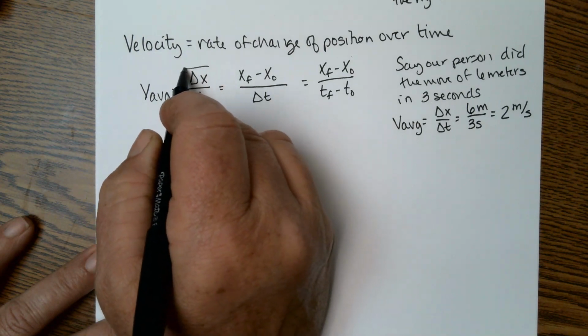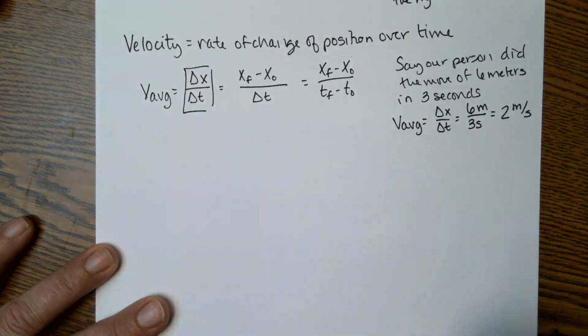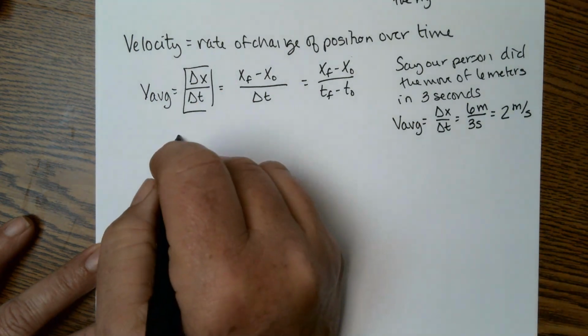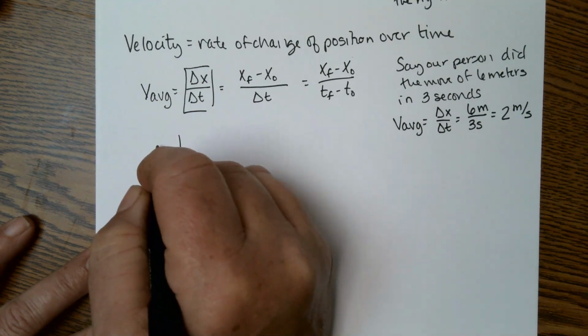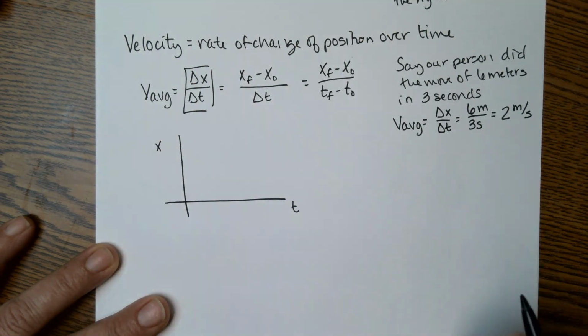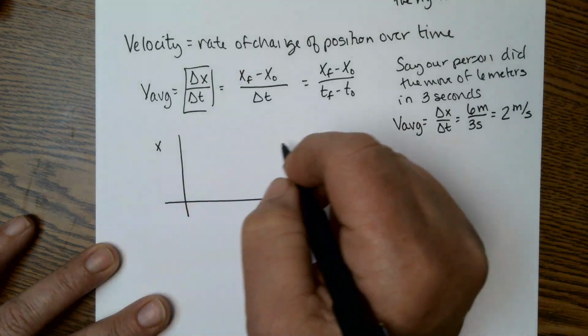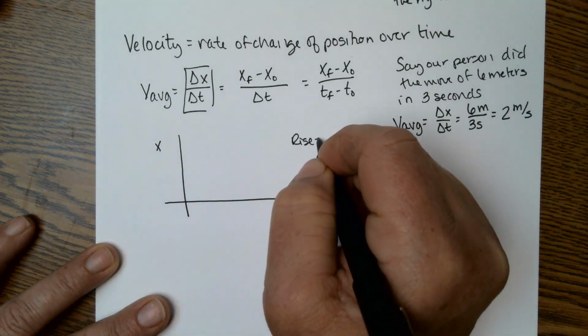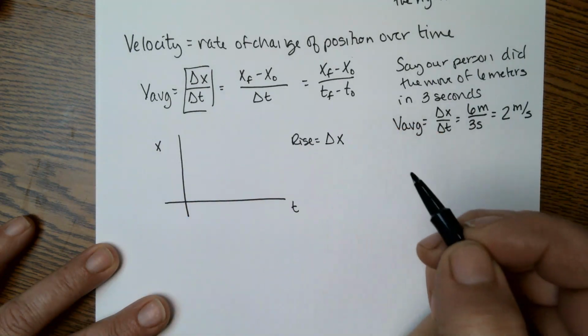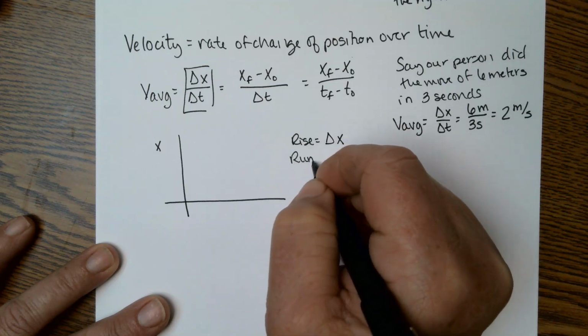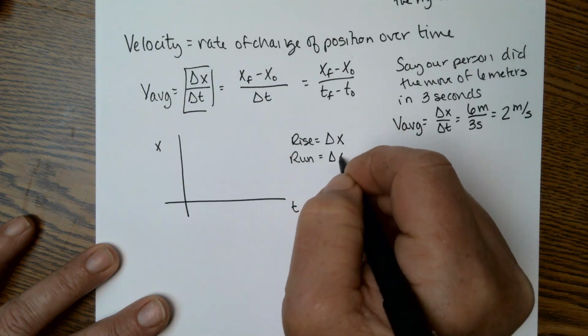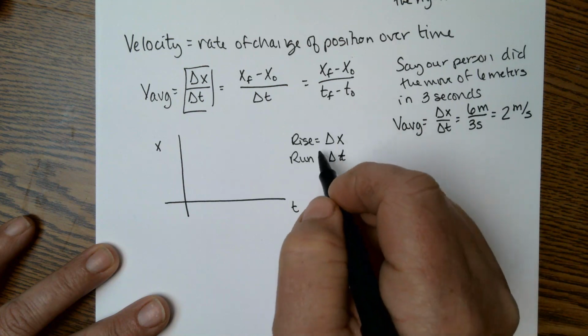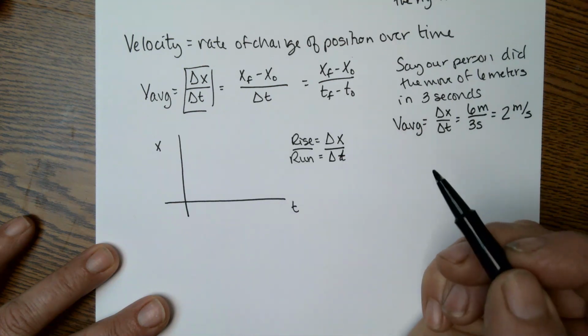Now, I want you to notice something kind of neat though about this. Look at this. This is the change in something over the change in something. Okay, if we have an xt graph, then the rise would be delta x. The run would be delta t. And what do we know that rise over run is?